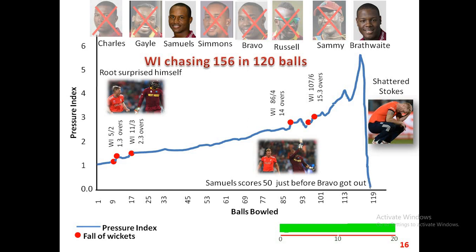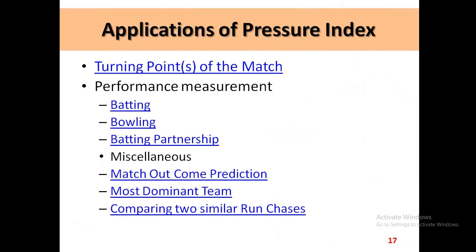And this is how the pressure curve behaved. The value of the pressure index is computed after every ball and plotted in the graph, giving a depiction of how the pressure behaved, which event indicated an increase in the pressure, and where the pressure decreased a bit. So this is the pressure index in action.